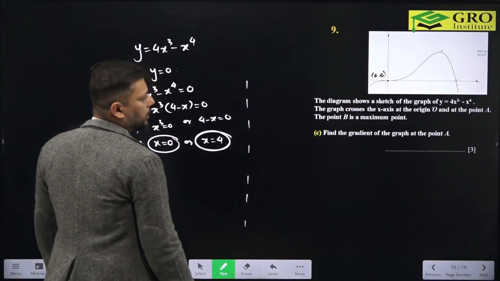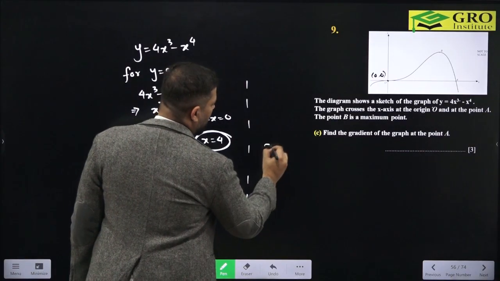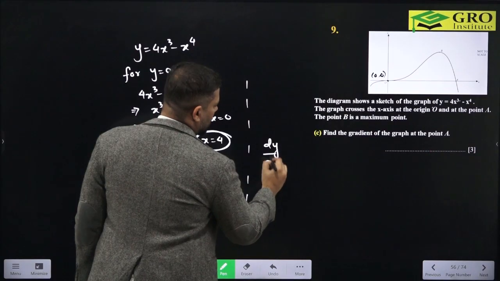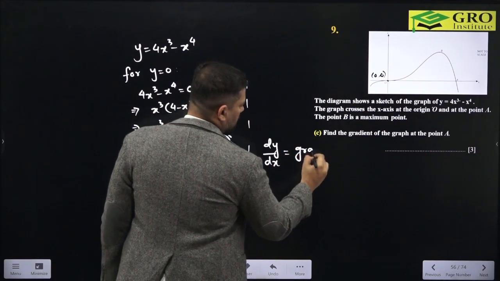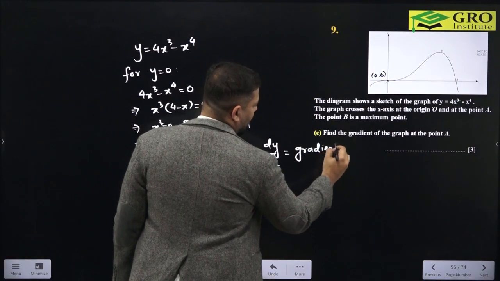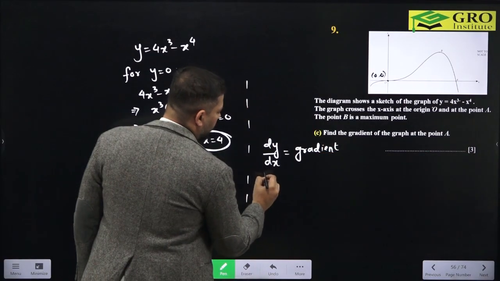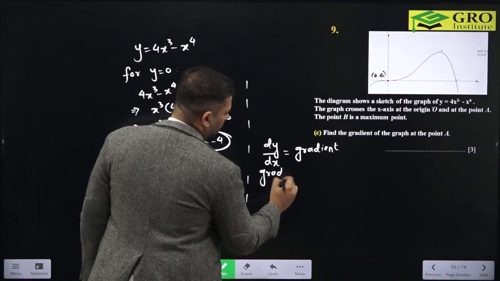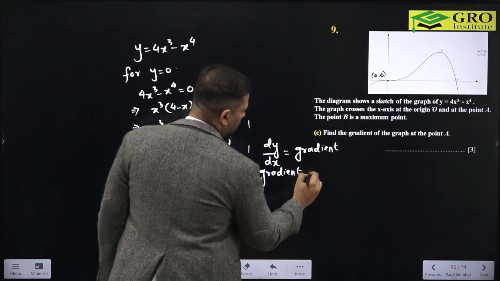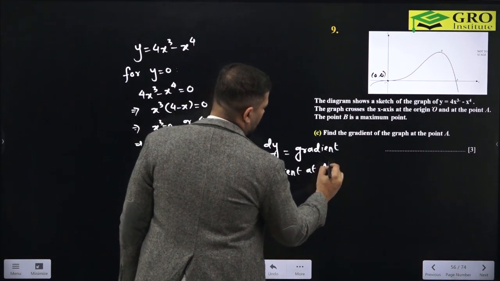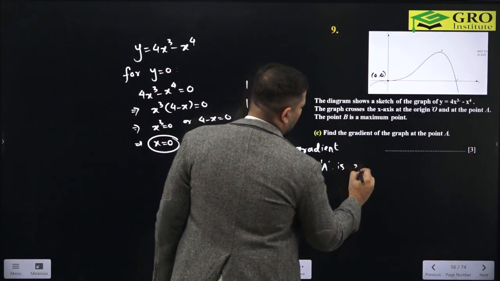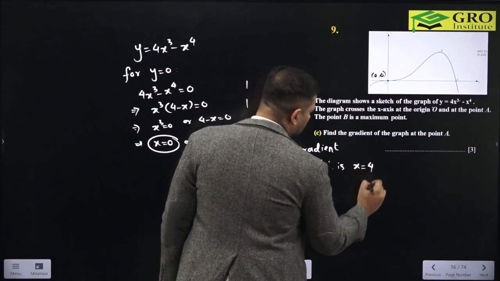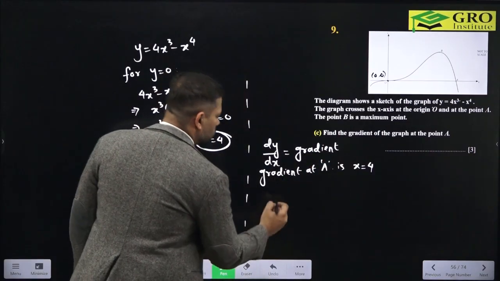Here we see that dy by dx is the gradient, isn't it? Dy by dx is the gradient. So the gradient at point A is, let us substitute x equals 4.